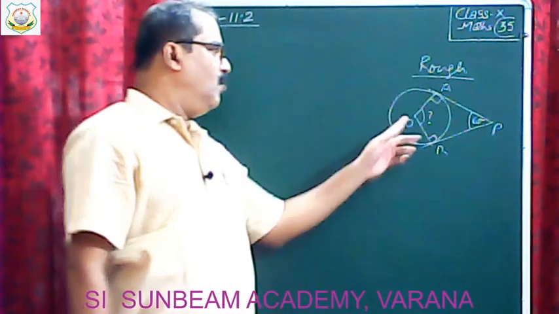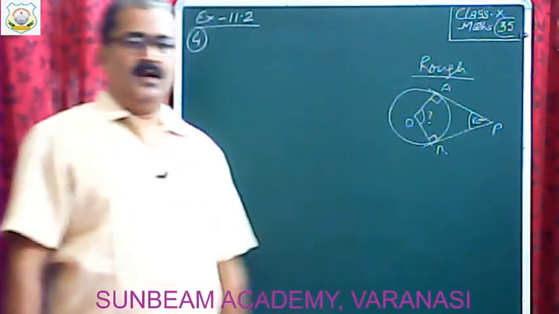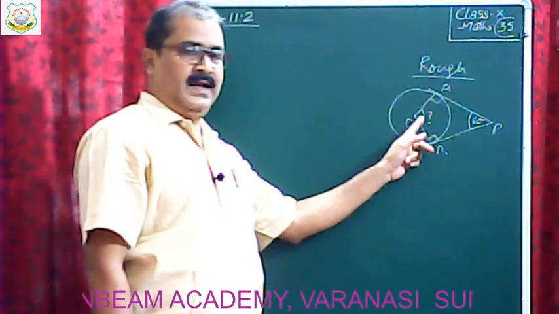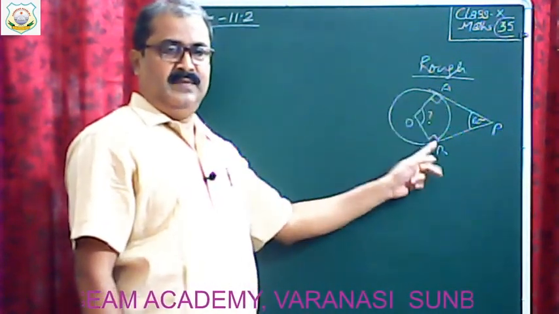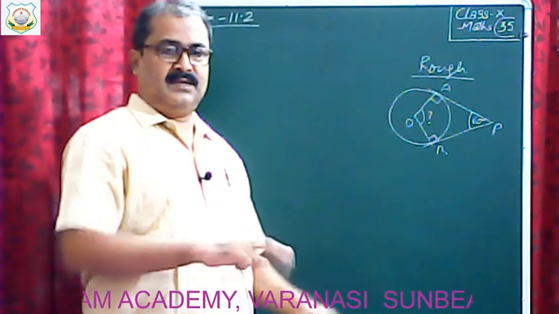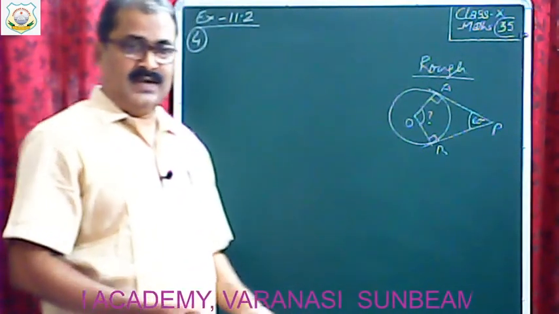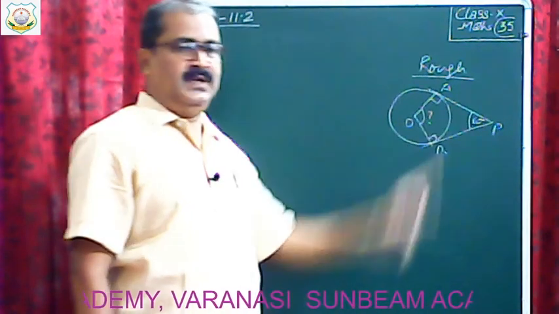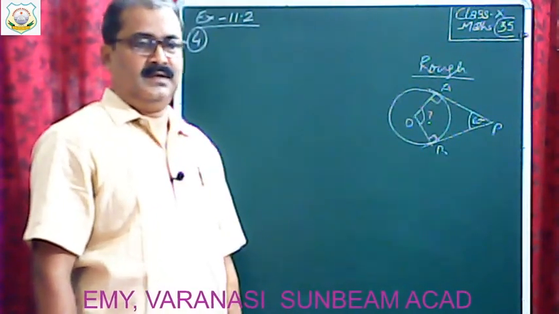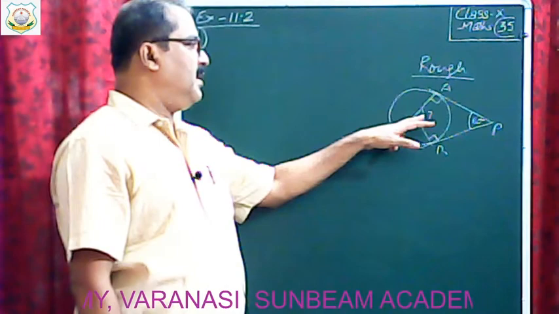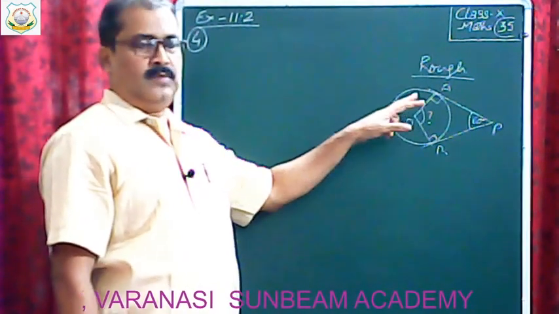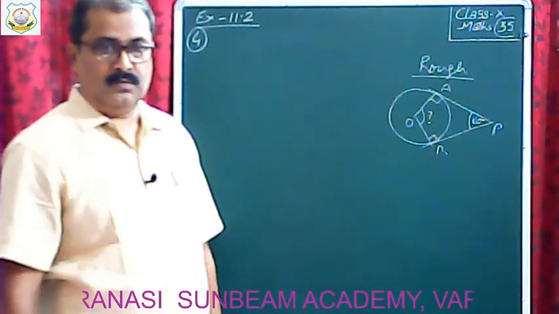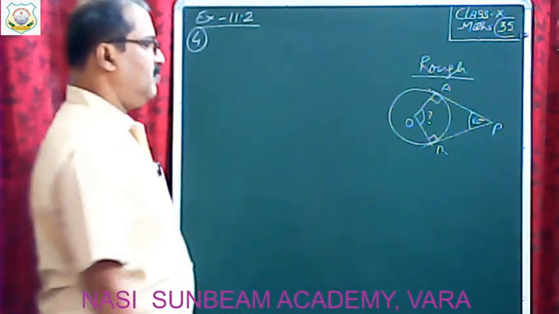So we have to find angle O. If angle A plus angle B equal to 180 degree, then the sum of the other pair of opposite angles is also equal to 180 degree, means angle O plus angle P equal to 180 degree. Clear? So finally angle O plus 60 equal to 180, then angle O equal to 120 degree.